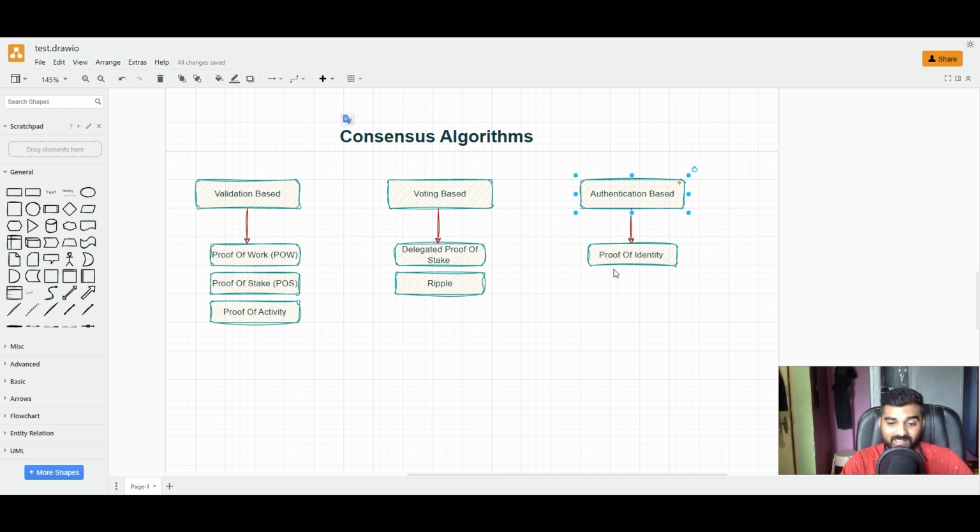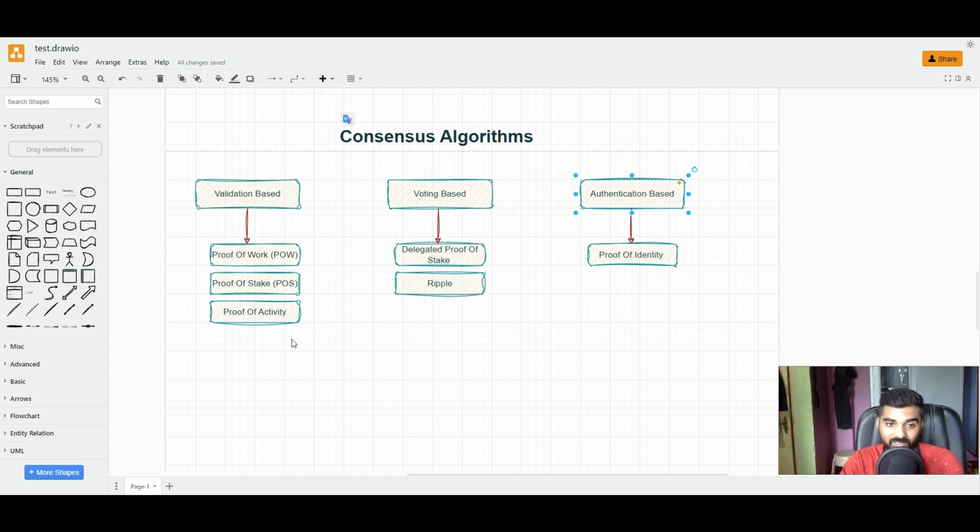And as you can see, we have three kinds of consensus algorithms that we categorized into. Today we are going to look into some of these, as it doesn't make sense to go over all of them, but you may feel free to look at them all when you have free time.